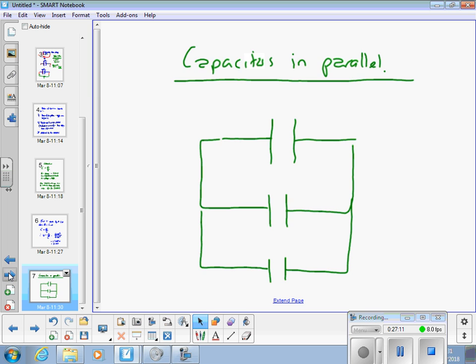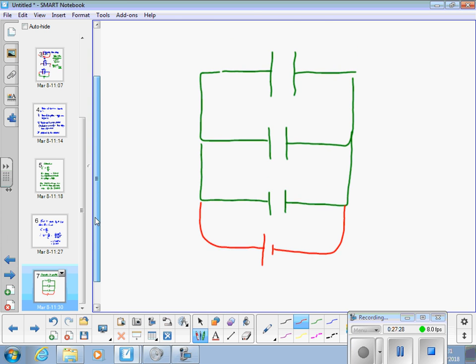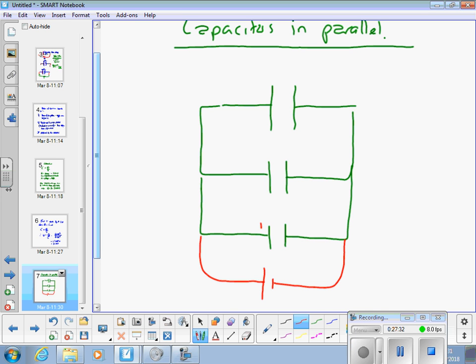Right, if I apply a voltage to that circuit, they've all got the same voltage.